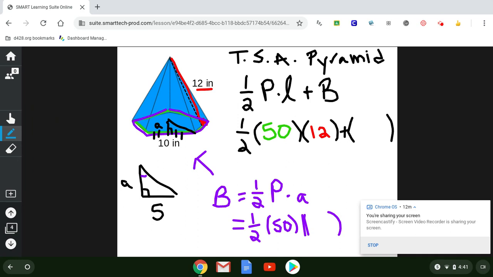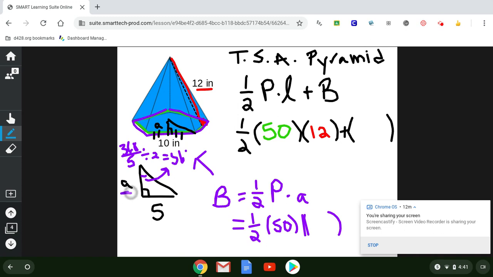Remember, to find that angle, you're taking 360, dividing by the number of sides, and then dividing by 2. When I do that, I get 36. So that angle there is 36 degrees.